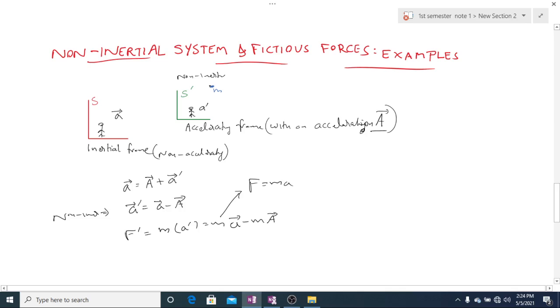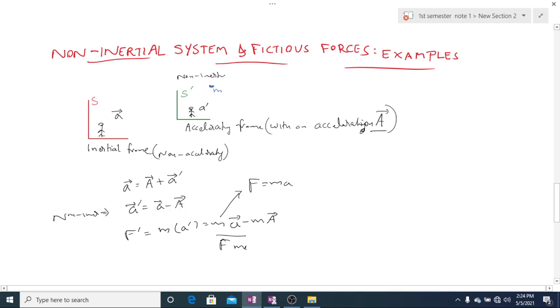That is, the force measured by an accelerating observer is the force measured by the non-accelerating observer minus the acceleration of the coordinate system itself.